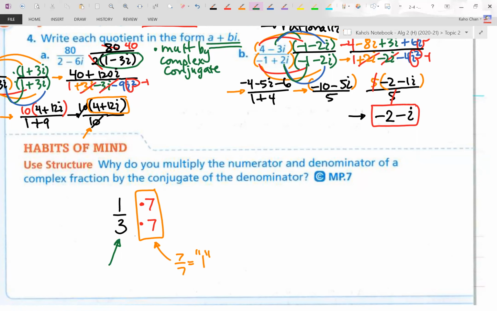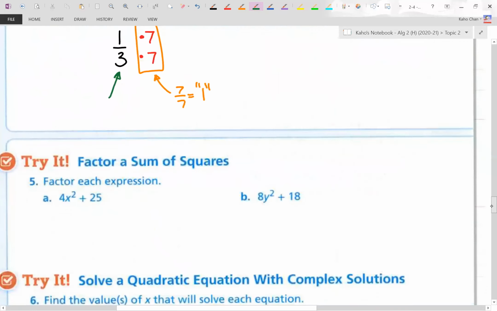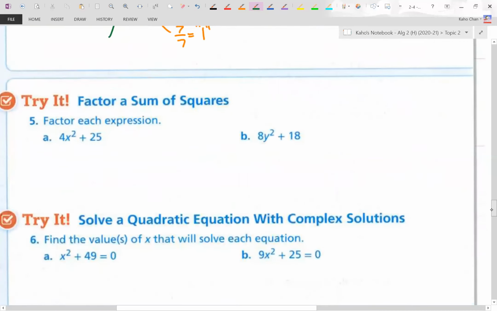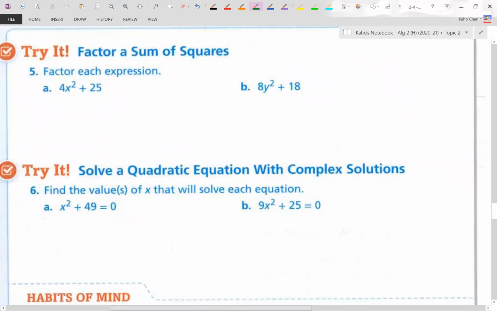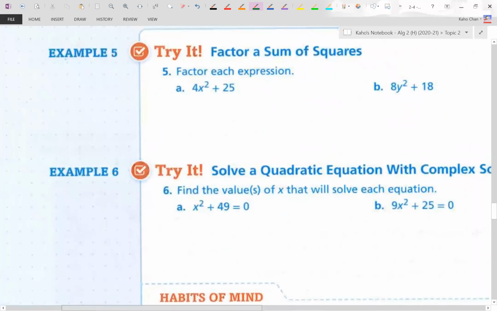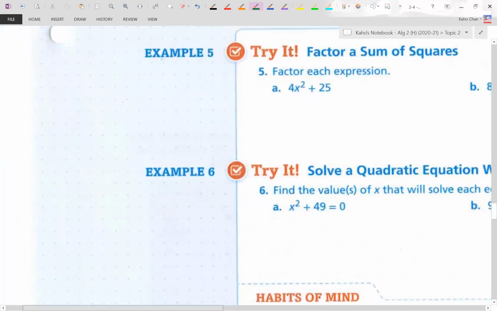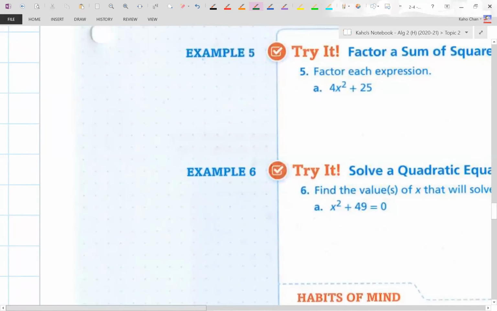Let's go ahead and start factoring using complex numbers. Let's move on to number 5 here. Here we go. Before we do factoring sum of squares, and you won't see a lot of these at all, I just want to remind you of something you learned in Algebra 1.